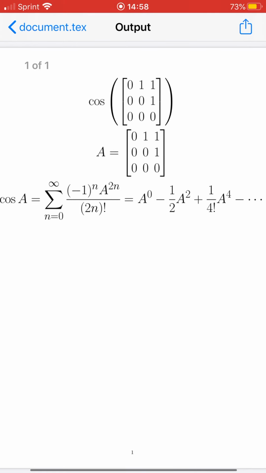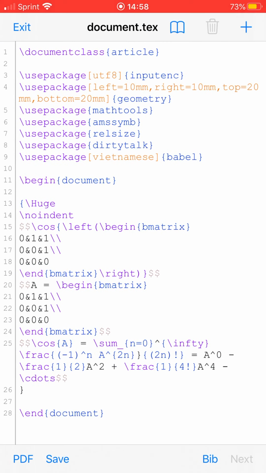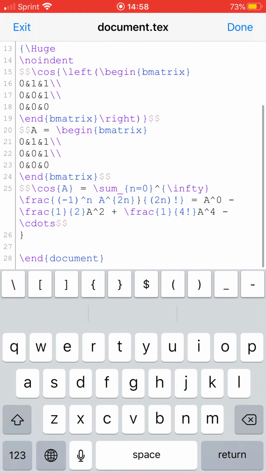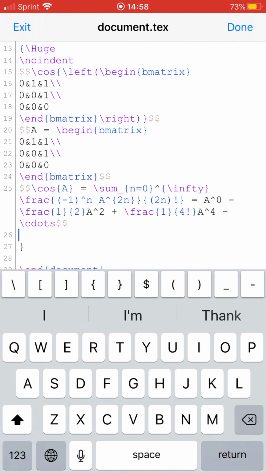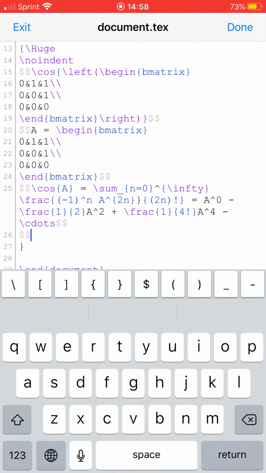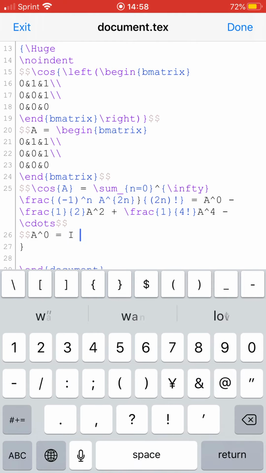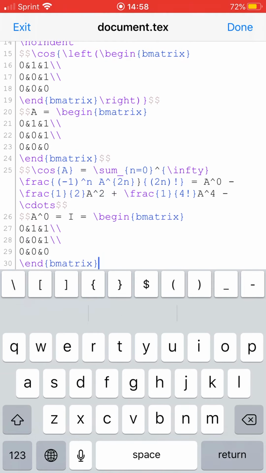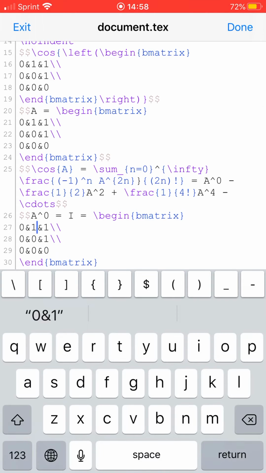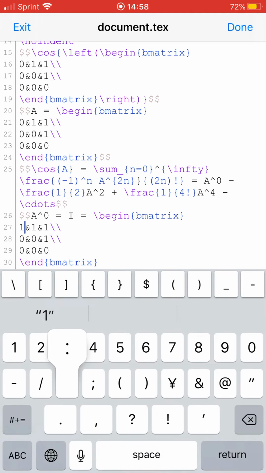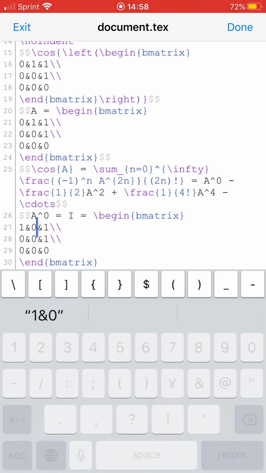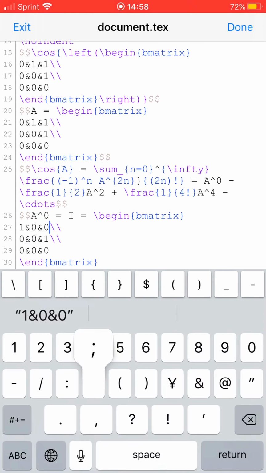And so first, A to the 0th power, by definition, is equal to the identity matrix. Everyone should know that the identity matrix is the diagonal matrix whose diagonal elements are 1 and the other elements are all 0.